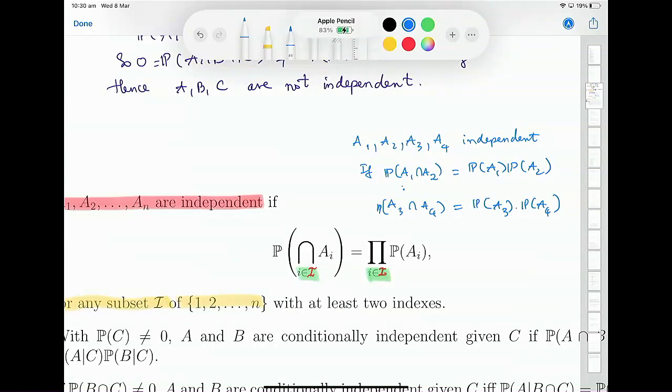So you need to check this equality in 1, 2, 3, 4, 5, 6, 7, 8, 9, 10 cases. You need 10 equalities to check whether A1, A2, A3, A4 are independent or not. All right.